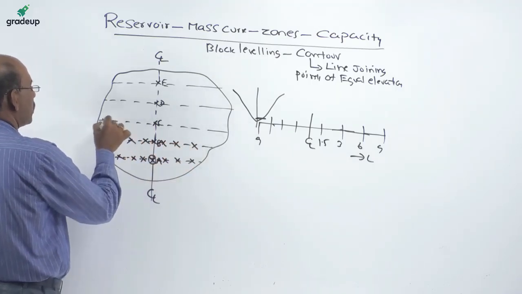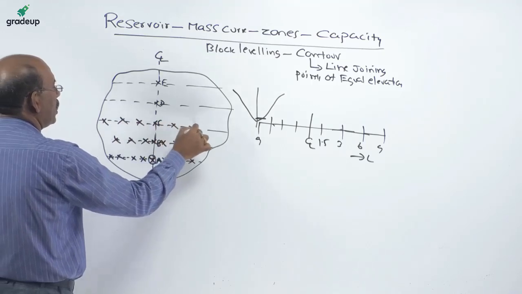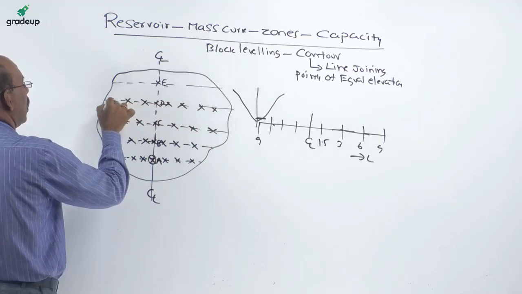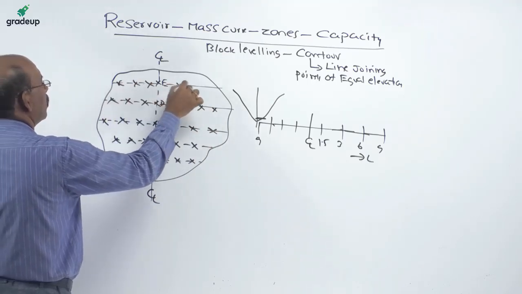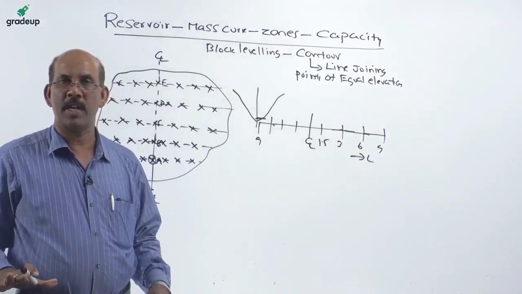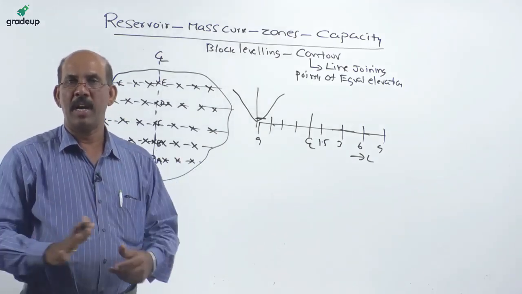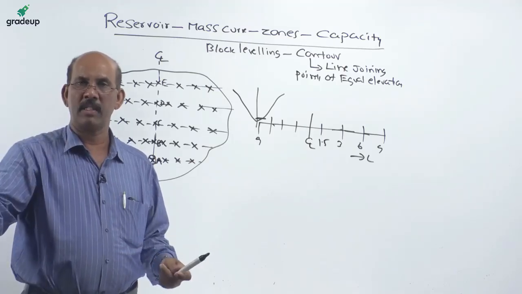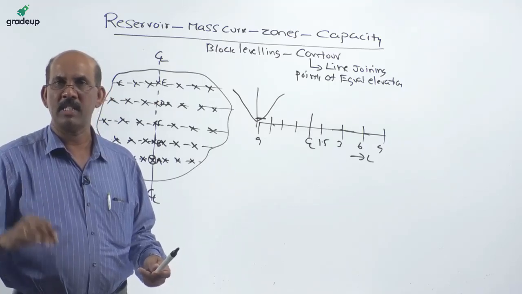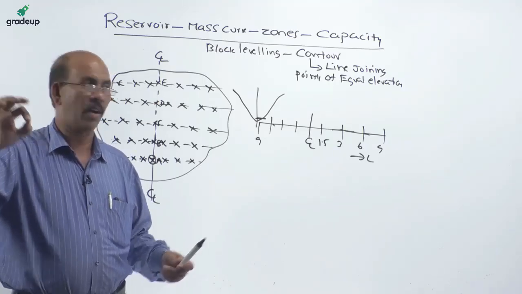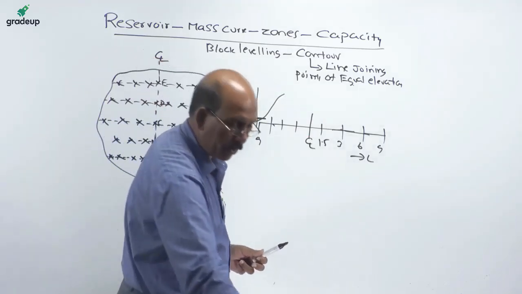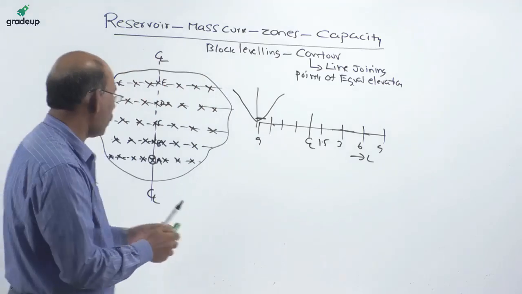You take the readings at various points, you establish the various points in the foreshore area both to the left and right, and calculate the reducible levels of all these points. Once you calculate all these reducible levels, we can join the points of equal elevation, that is nothing but the contours. So you can develop the contour map or contour plan from this one.